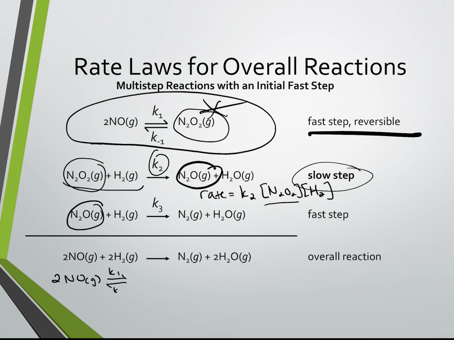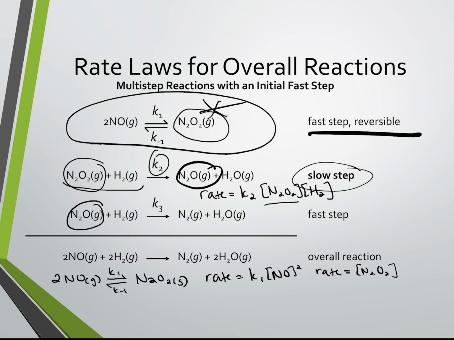Now, hopefully you see that this is a reversible process, and hopefully you note that since this is an equilibrium, the rate of our forward reaction is equal to the rate of our reverse reaction. Okay, so those rates will be equal because it is an equilibrium process. So we could say rate is equal to K1 [NO]^2, or rate is equal to K-1 [N2O2].